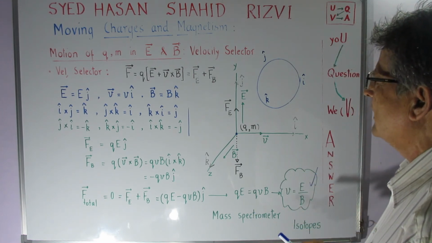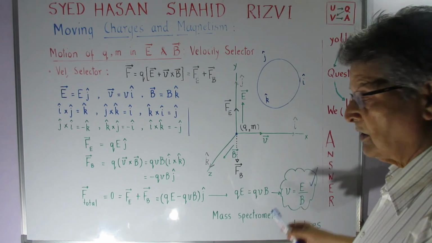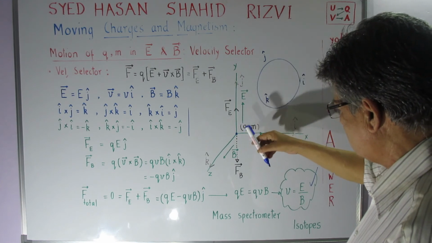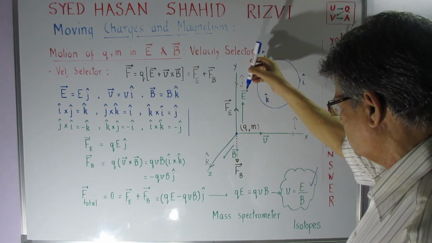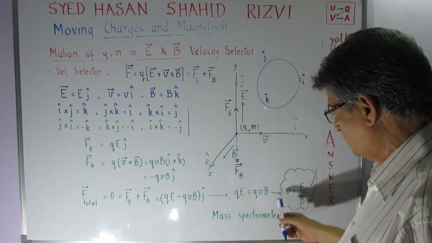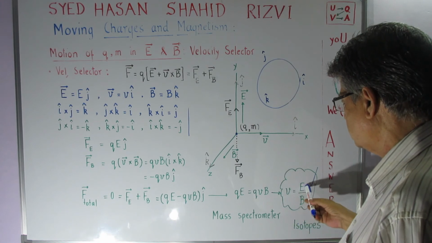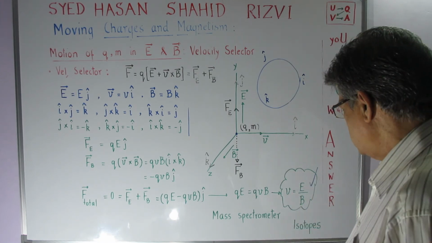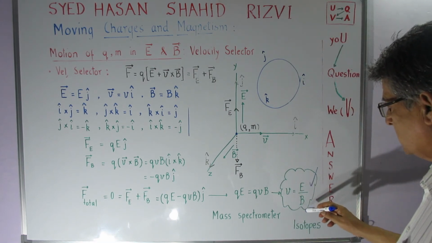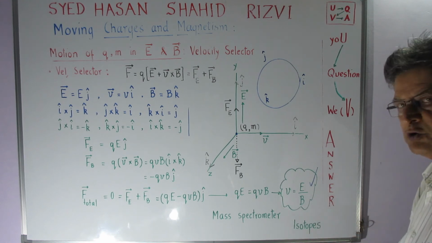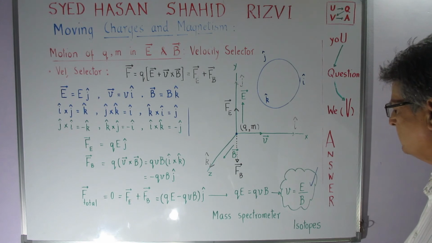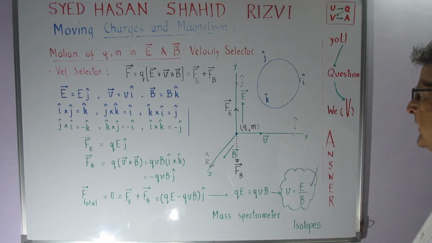So this is the formula for selection of a particular velocity. All other velocities will deflect either this way or that way, and if there is a hole through which the particle has to pass, only those particles with the velocity given by E upon B will pass. Velocities are normally very high, so that the magnitude of E numerically will be much more than the magnitude of B, because the velocities are several hundred, even thousands of meters per second.